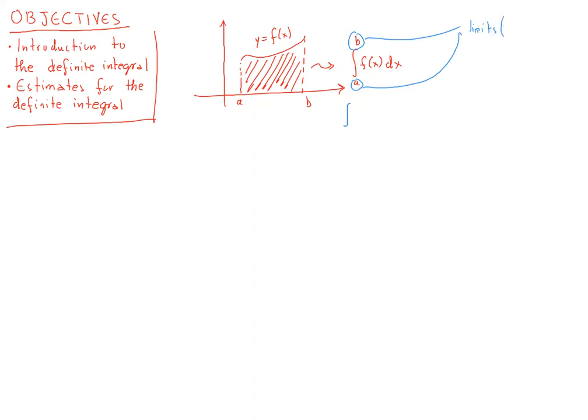Or you could call them also endpoints. F of x is called the integrand. And dx sometimes is referred to as the differential. We're going to see how this notation came to be.